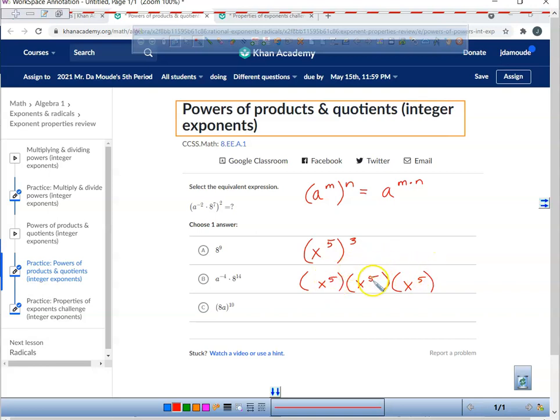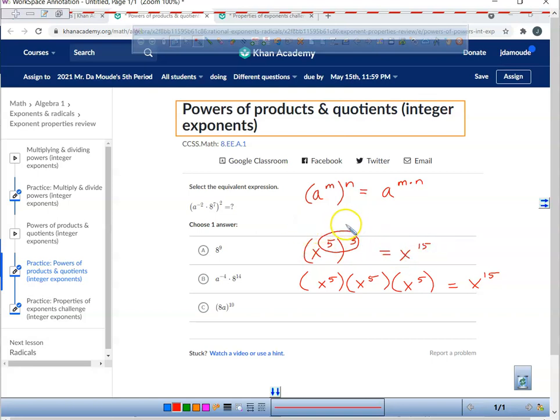So think of it this way. What's 5 plus 5 plus 5? So this is the product property. This is what we did yesterday. What are we allowed to do with all these exponents? Just add them together. But what's the faster way? If you have a power to a power, what can you do with these two? You can multiply them together.